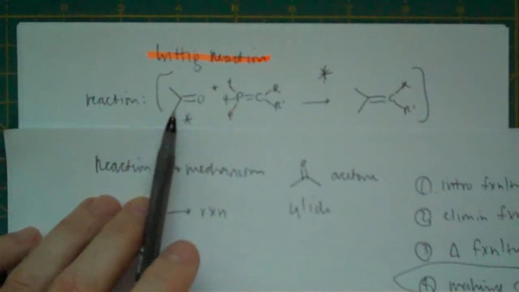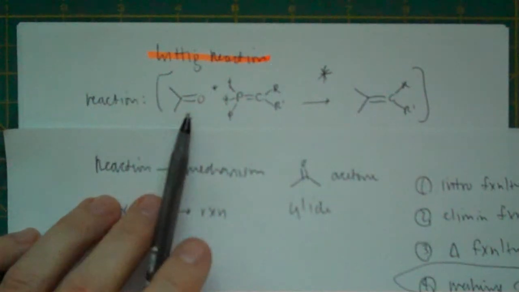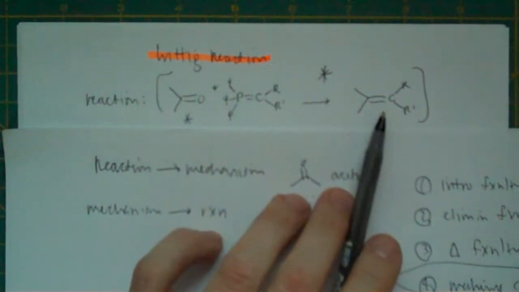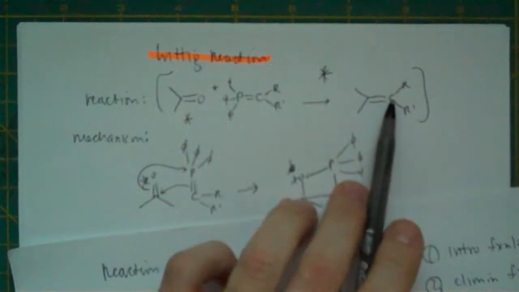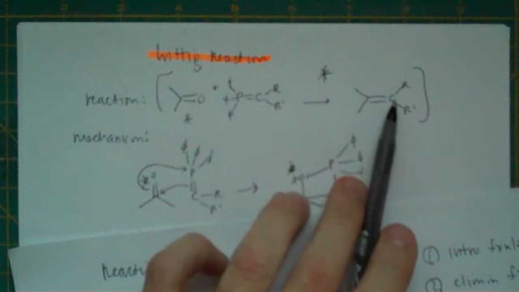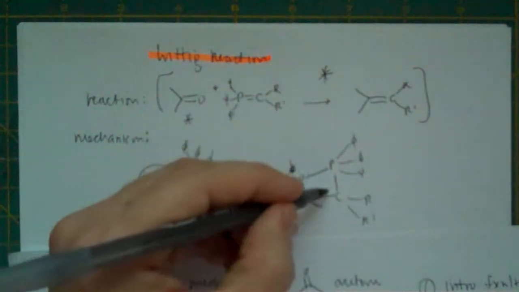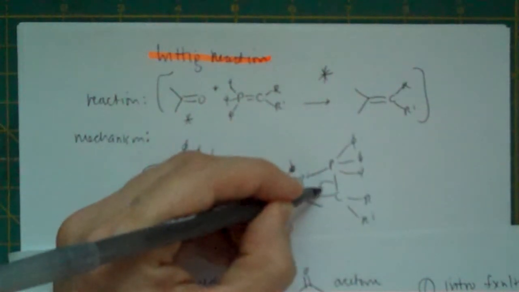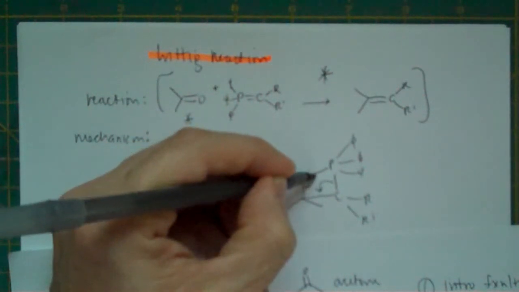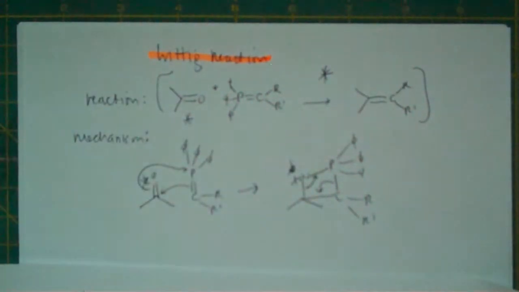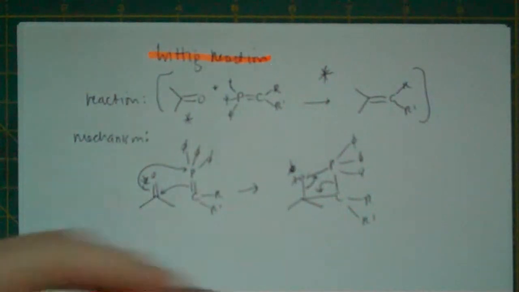What must happen now? If this double bond becomes this double bond over here, what must happen? And this carbon, which was bonded to the phosphorus, is no longer bonded to the phosphorus. I think the only answer is that's got to go here, and this has got to go here. Okay? And that'll give it to us.